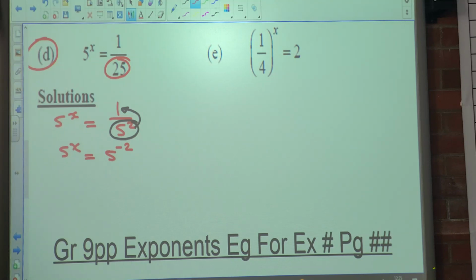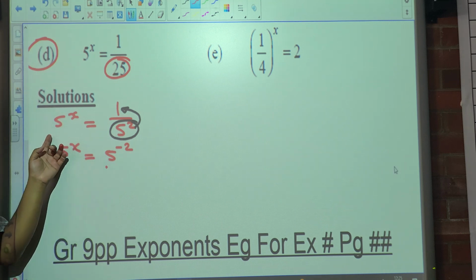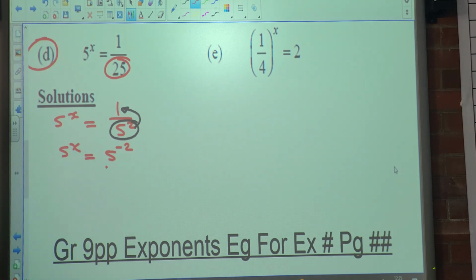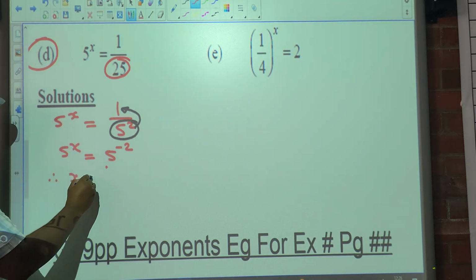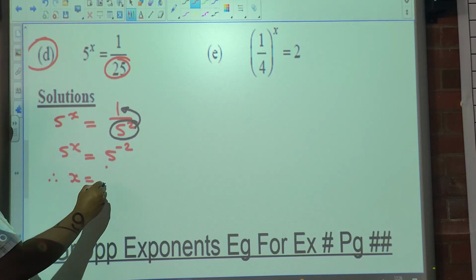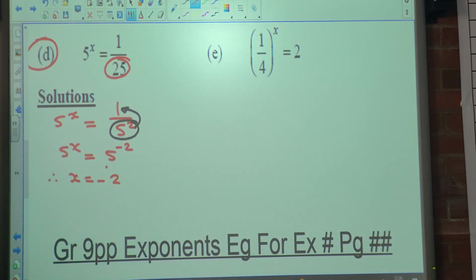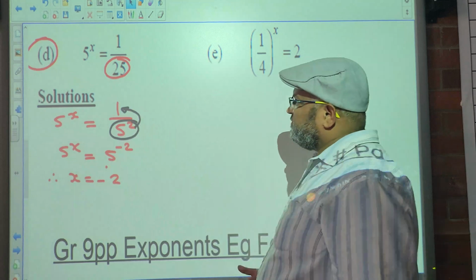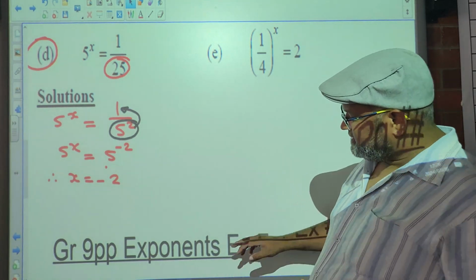Now what? Bases are the same. Exponents are equal. So therefore, x is equal to minus 2. Okay. And we can test it again, people.